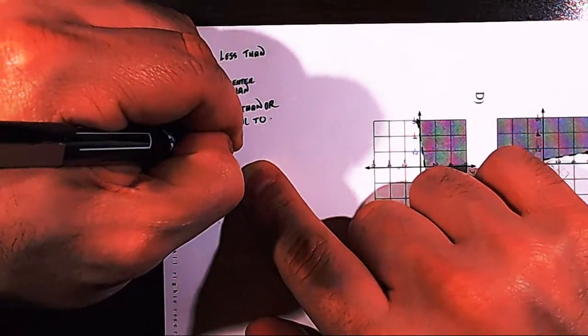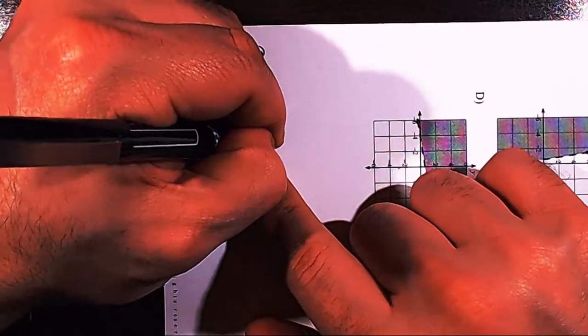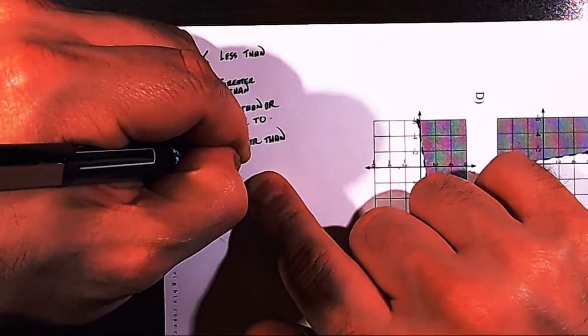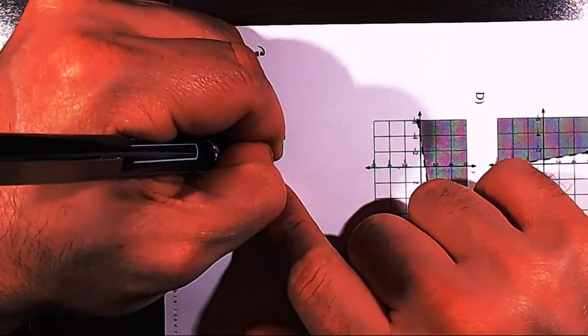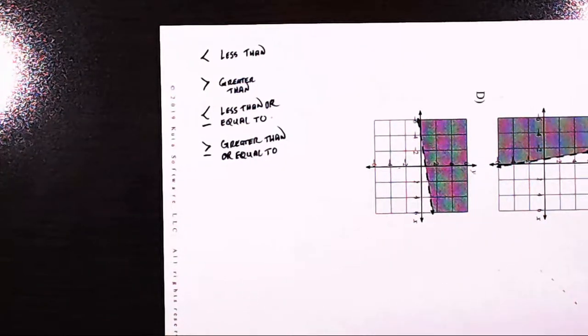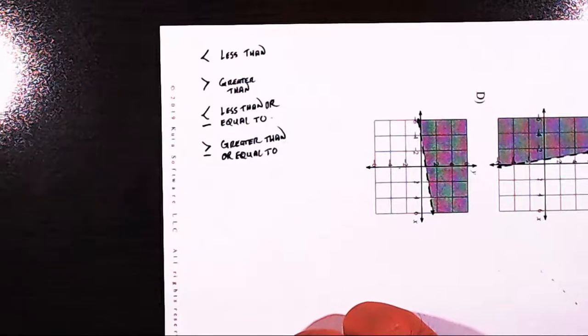And this is greater than or equal to. It wouldn't be the worst use of your time to just take a minute and write that down when you get started on your test. Just write that down. You know you're going to need it, so why not write it down?